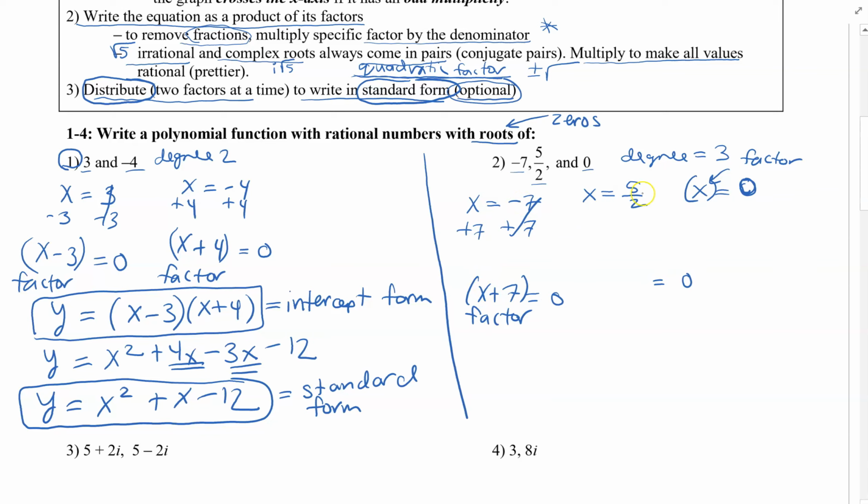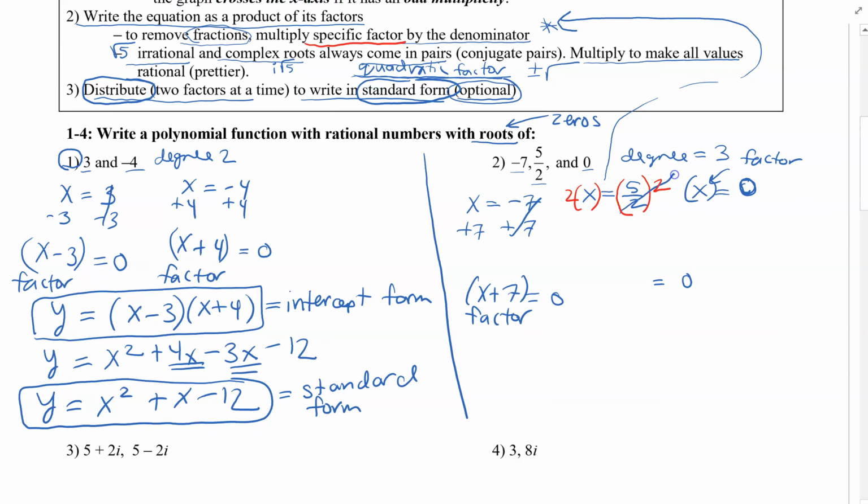So this one here is going to refer back to this step here. I have to start by multiplying by the denominator for this specific factor, right? Only this one factor do we multiply by the denominator.